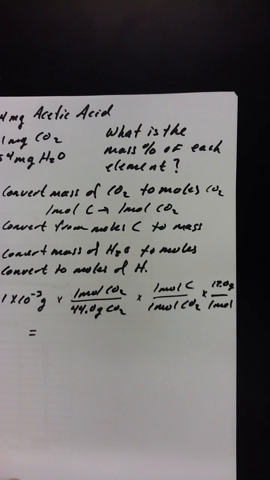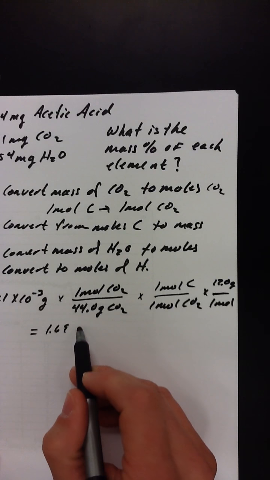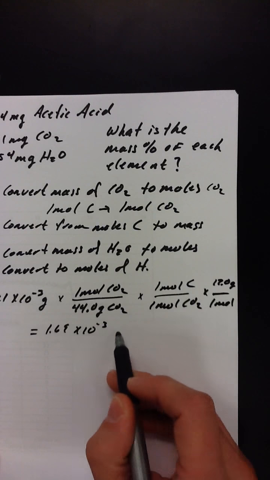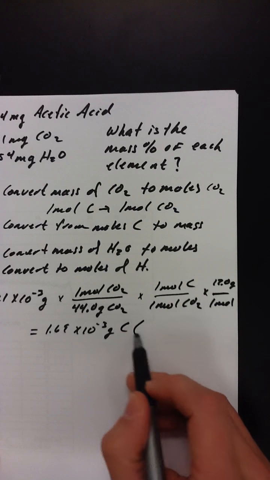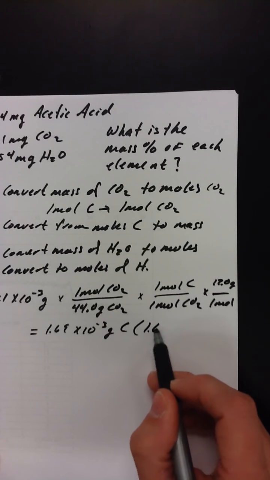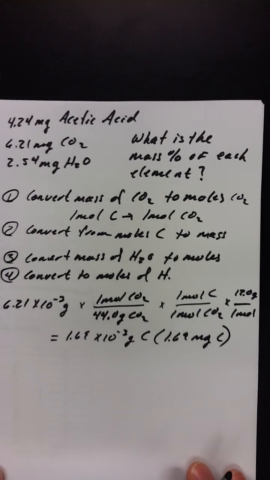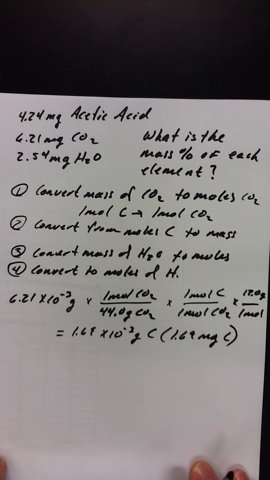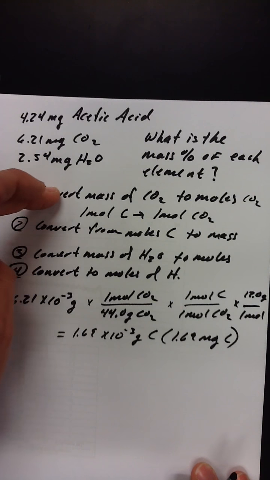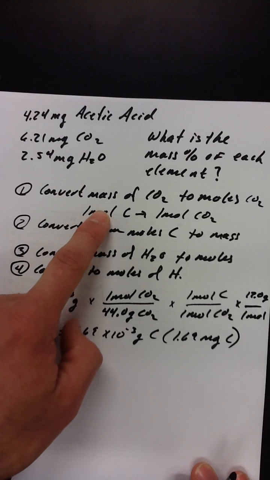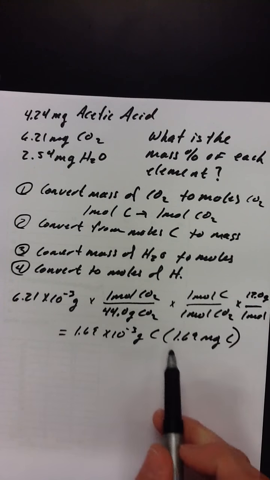When we do this calculation, we end up getting 1.69 times 10 to the minus 3 grams of carbon, or in other words, 1.69 milligrams of carbon. So we've successfully converted from the mass of the carbon dioxide to moles of carbon dioxide, to moles of carbon, and then from moles of carbon to the mass of carbon. So there we have that.